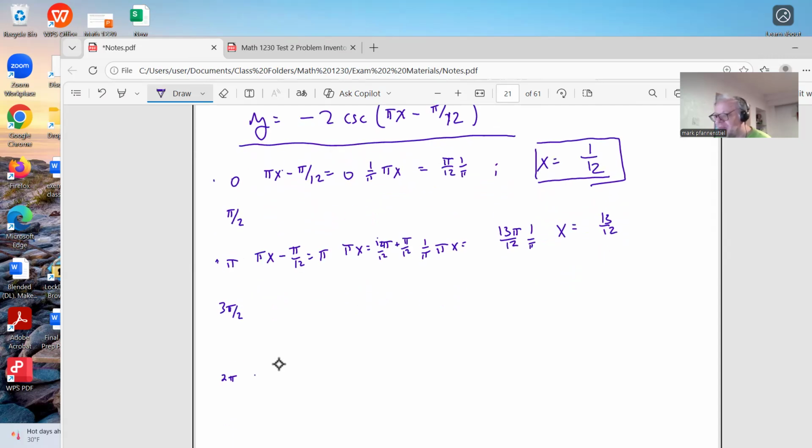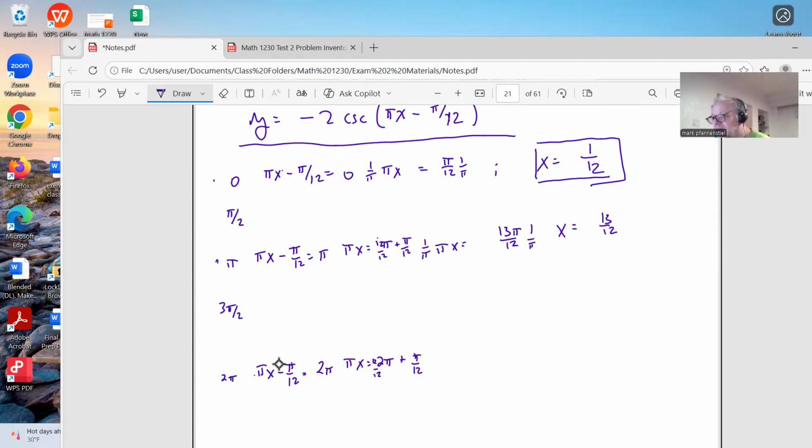The next part of this problem, we're going to say pi x minus pi over 12 is equal to 2 pi, and we'll solve this piece. So we have pi x equals 2 pi plus pi over 12. Again, I'd like to get common denominators, so I'm going to multiply by 12 over 12 here. So we have 24 over 12 pi plus 1 pi over 12.